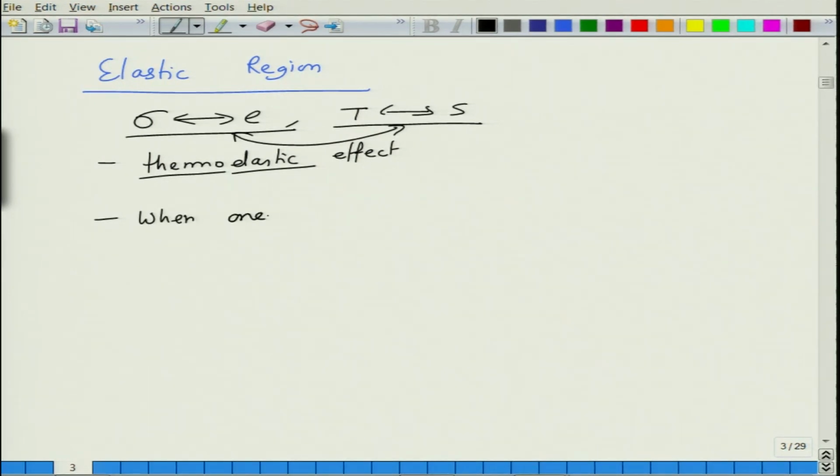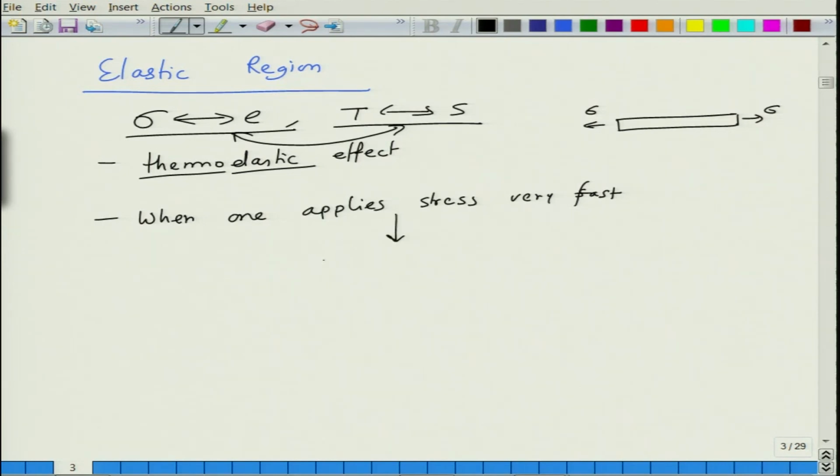When one applies stress very fast, you have a rod like this, and you stress it and apply the stress very fast. Very fast means the maximum stress is reached in a very small time.